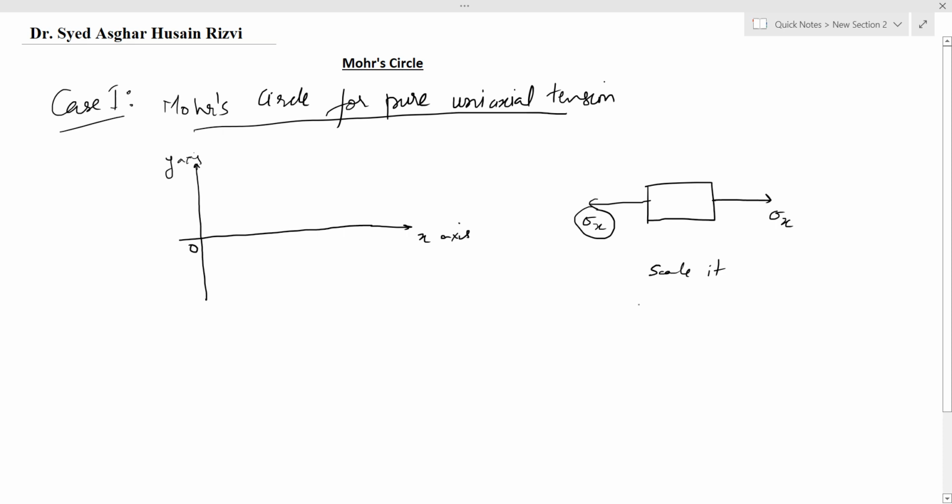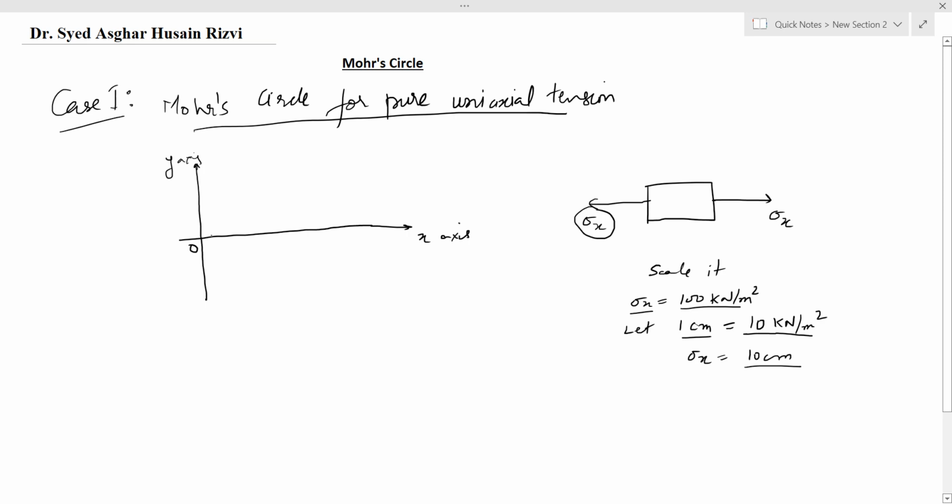For example, if sigma x is 100 kilonewton per meter square or any other value, let us scale it in centimeters and take 1 centimeter equals to 10 kilonewton per meter square, for example. So sigma x will be equals to 10 centimeter.